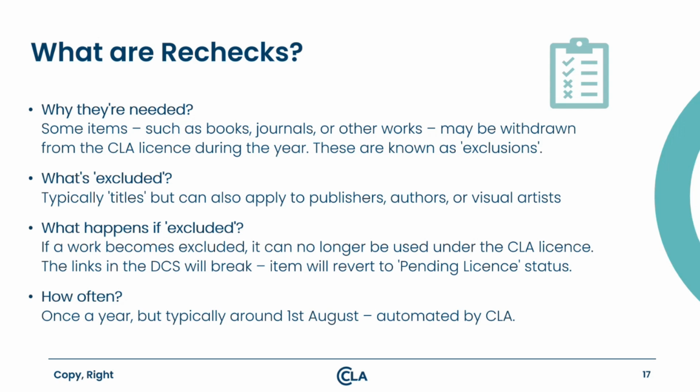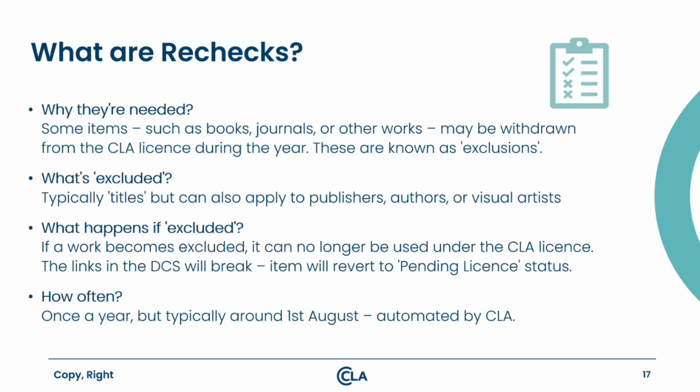And the last one, which probably is not so obvious: CLA might become aware of some particular categories that a title might belong to that would make it excluded from our license. So, for example, a workbook or printed music or a map, or perhaps we identify a title as belonging to a different territory than we originally thought.